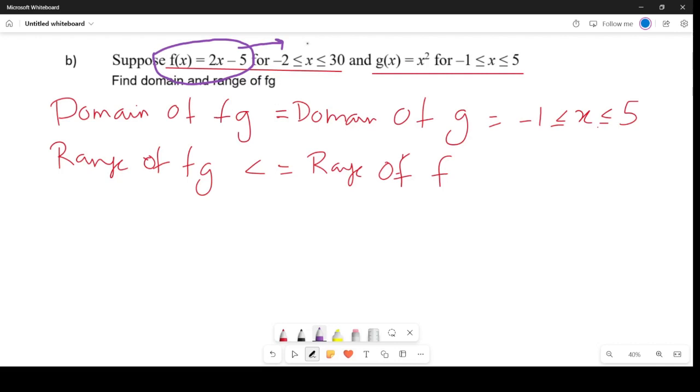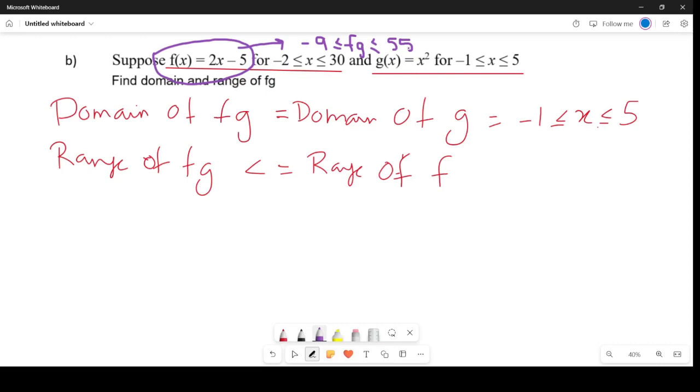Do we give all the values or just the minimum and maximum? Write it in the form of an inequality, we don't take all. The minimum value will be -9, and the biggest value would be 30 times 2 is 60, minus 5 is 55. So the range of f is between -9 and 55 if its domain is between -2 and 30.